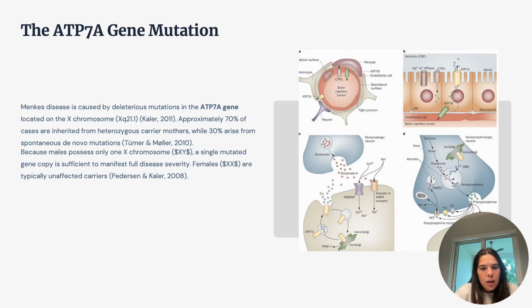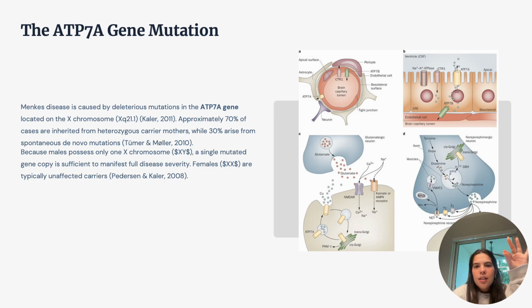For slide number 5, we're going to be talking about the ATP7A gene mutation. We're also moving into deliverable number 2, where we examine the cellular etiology and genetics, looking closely at genetic mutations and inheritance mechanisms.